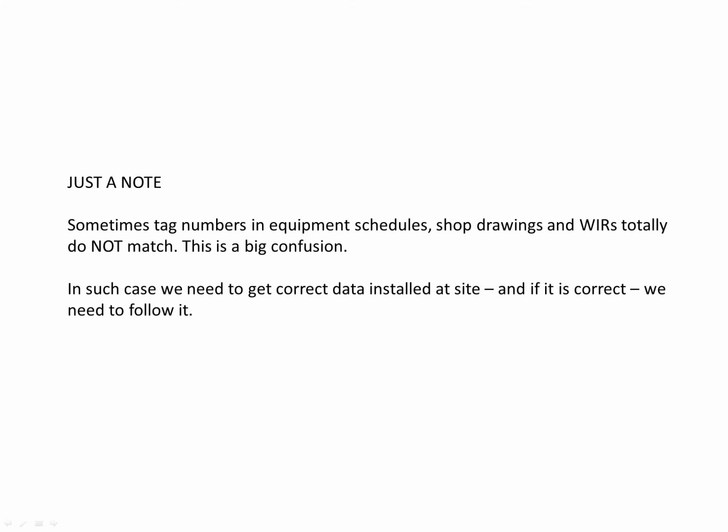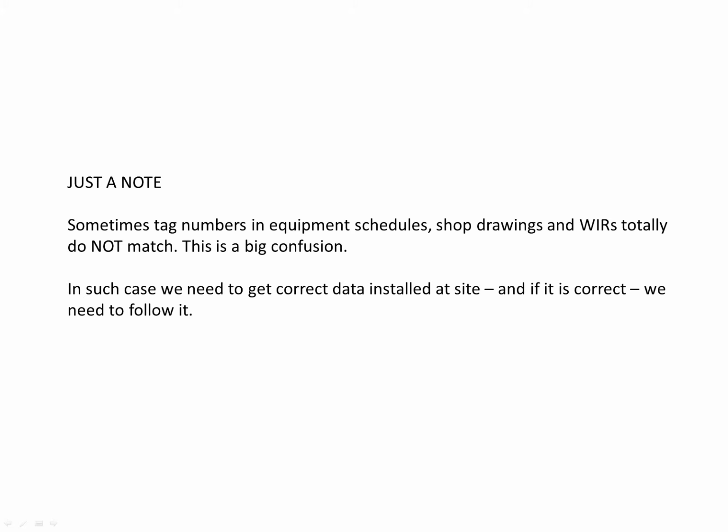Let's move a little bit. Okay, this is just a note. We faced this problem many times: which document to follow for these equipment tag numbers? To be honest, we don't know, unfortunately. We try to follow engineering documents, but at site they make inspections and we see different tag numbers.